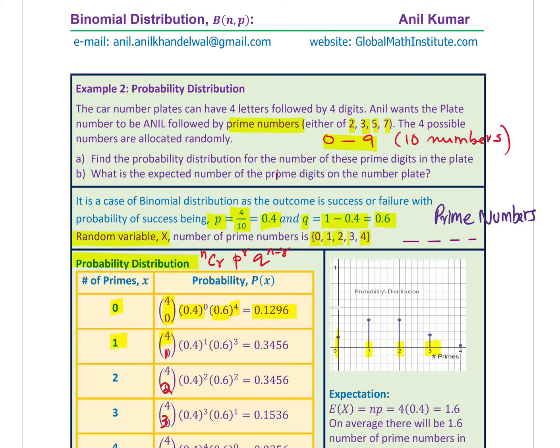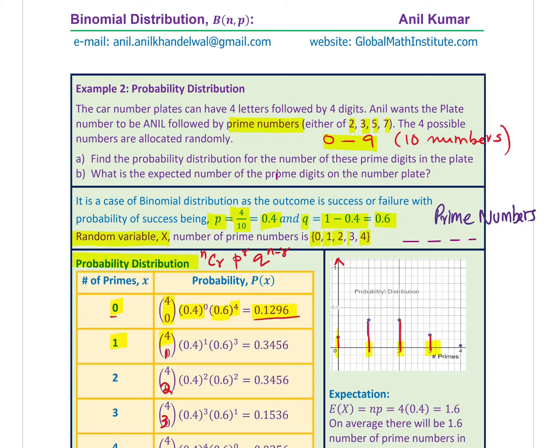When we say probability distribution, it means to sketch a graph for the possible outcomes and their probability. So for the case of only one, it is 0.1296, which is shown right there, correct? That is how we show it. This graph indicates the probability distribution for the given condition.